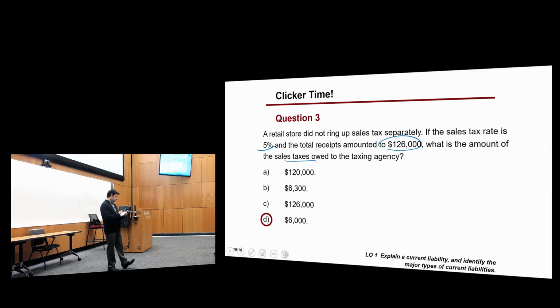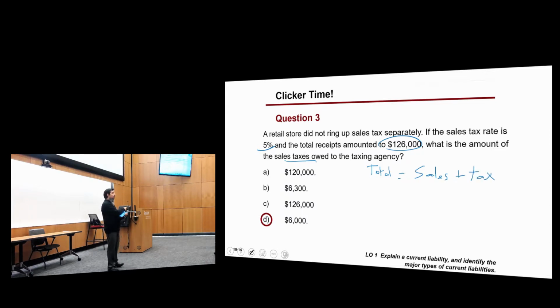So we have the total. Total is equal to sales plus tax.